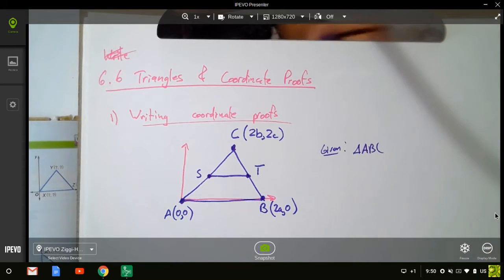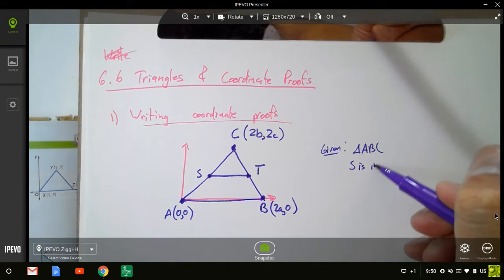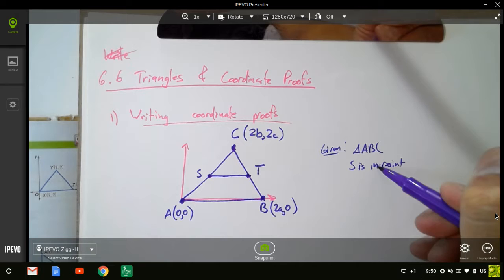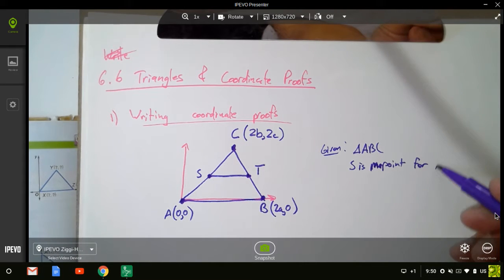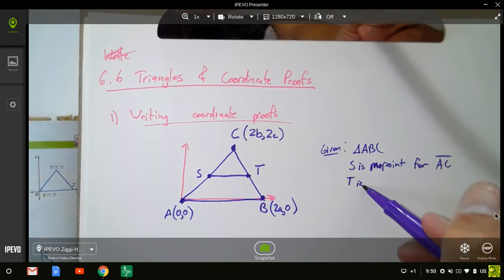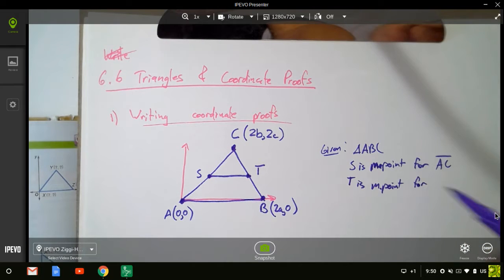That's given to me. Another thing given to me is S is the midpoint of line segment AC, and T is also the midpoint of BC.